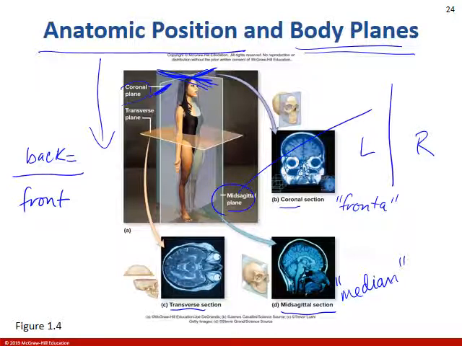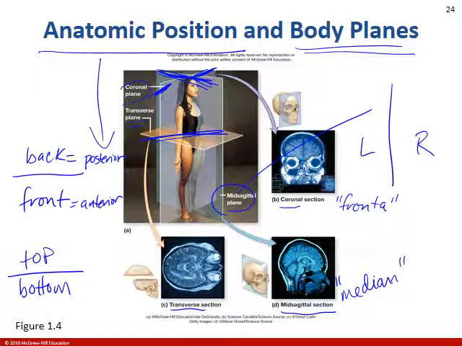We're going to use the term back, posterior, and for front, anterior. A transverse plane is going to have a top and a bottom. But instead, we're going to call that superior and inferior.